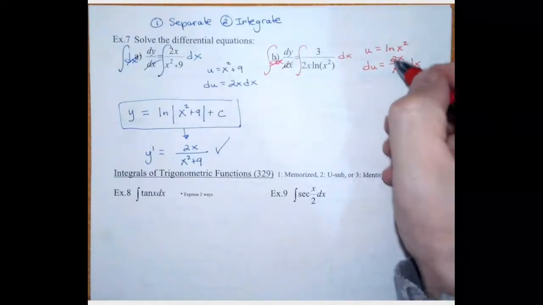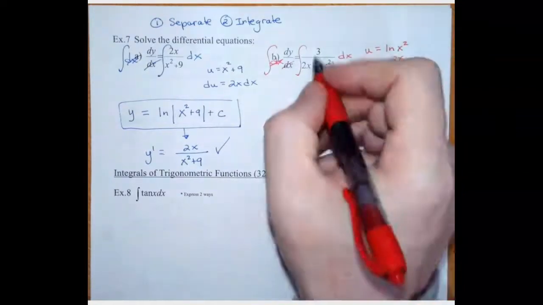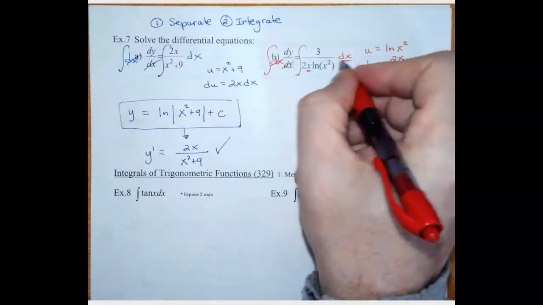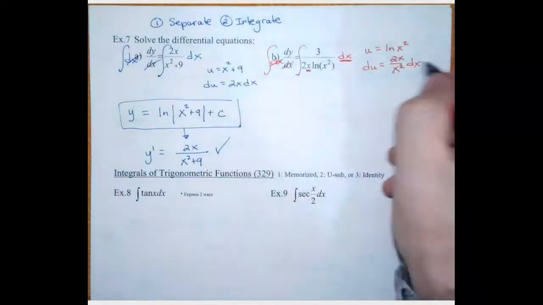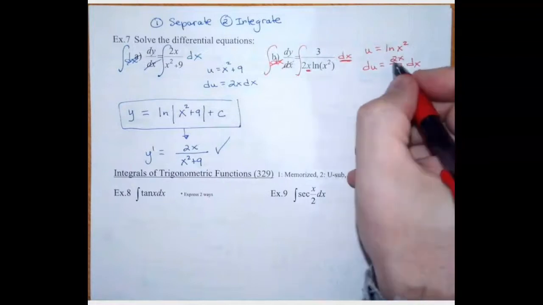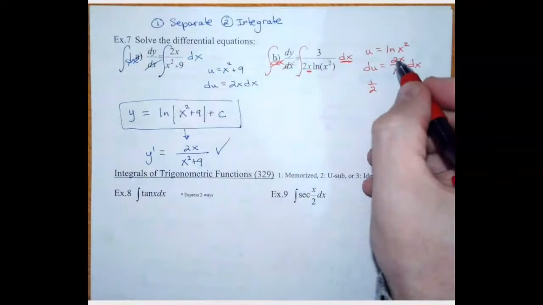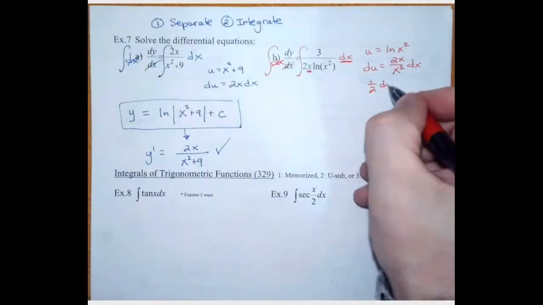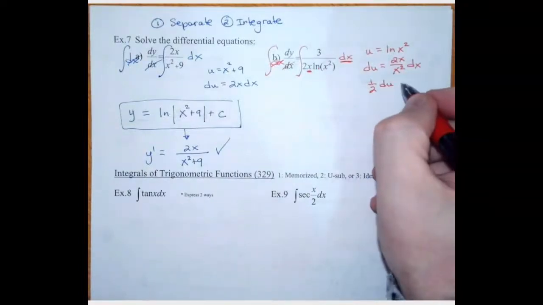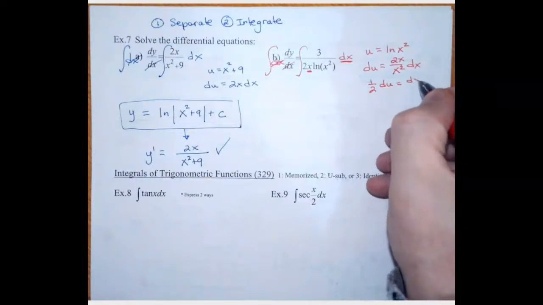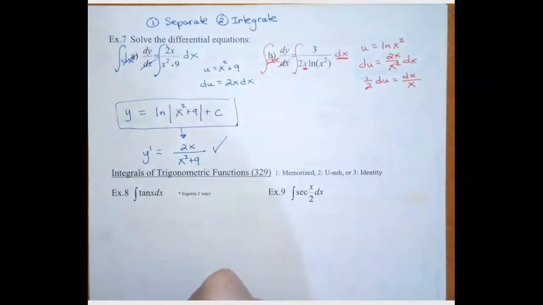So that reduces to 2 over x, and we do have an x here, so we have dx over x, which is what we would have from here, but we don't have that 2. We have the 2 down here. That's not helpful. So we need to divide both sides by 2. So let's go with that.